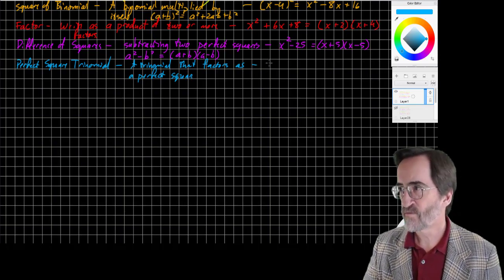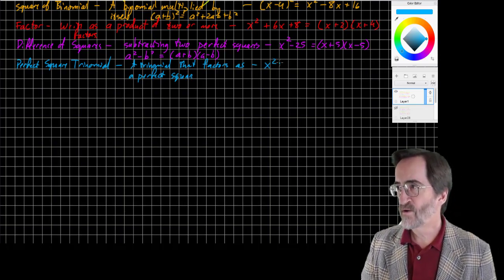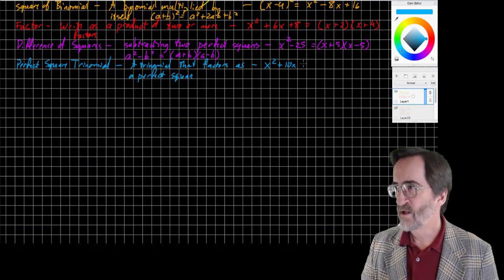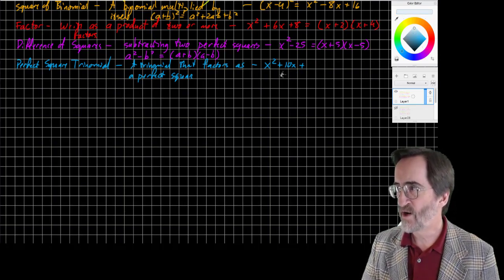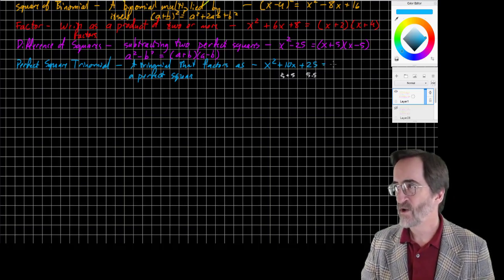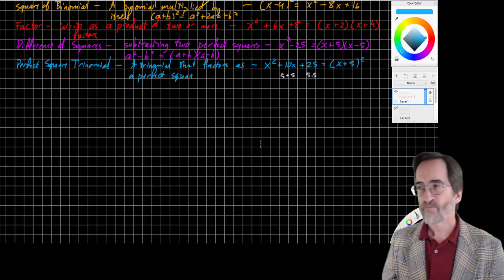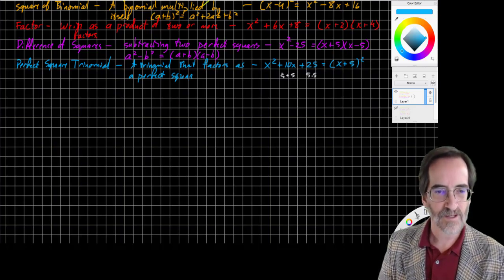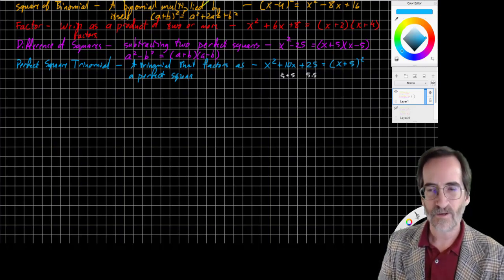Example, x squared plus 10x plus something here, and here's the way I think it through. 10 is 5 plus 5. So what is 5 times 5? And that's what I add. 5 times 5 is 25, and that is a perfect square that factors as x plus 5 squared. Perfect square trinomial. Okay, that's lesson 8. And then there's a review, so that's it.